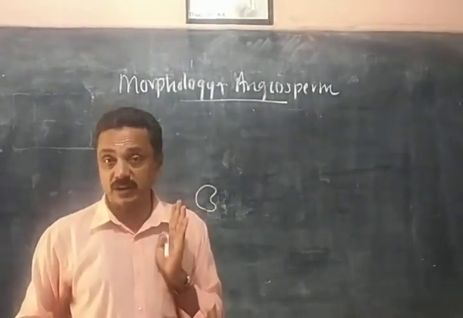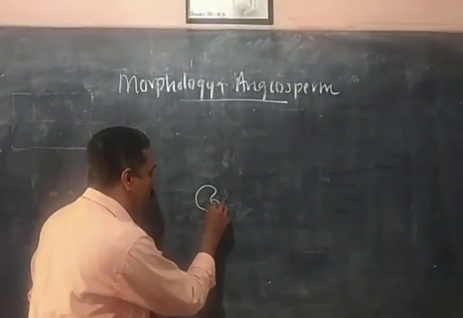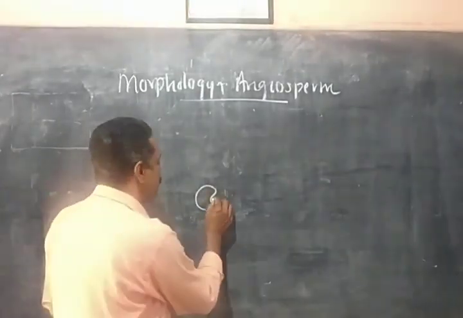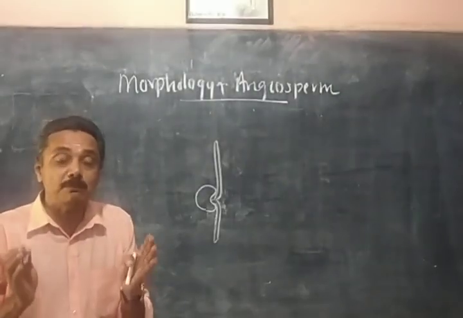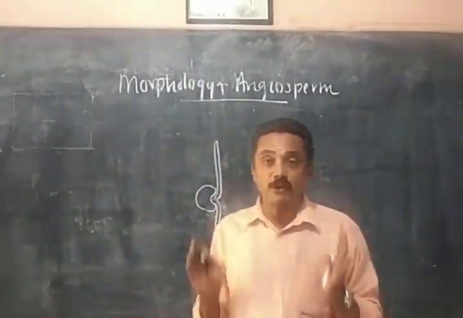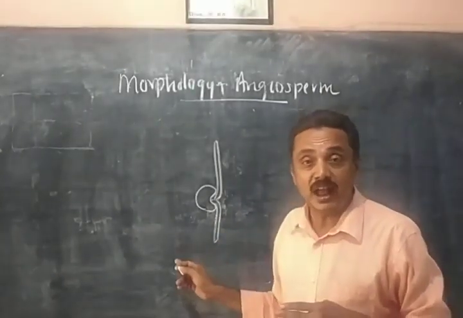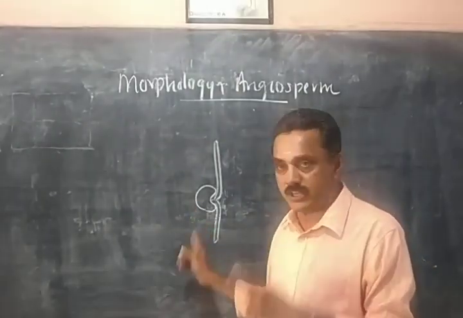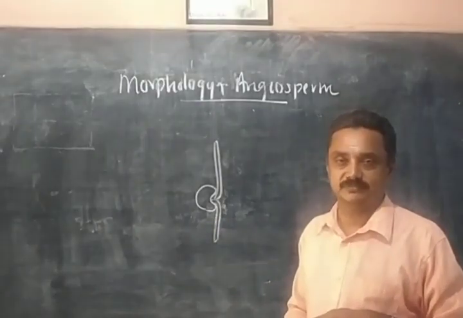And during germination, we can see that a small white tube-like structure comes towards the lower side and a small tube-like structure comes towards the upper side. This is the starting point of the life of a plant. A plant starts its life from these kinds of structures. This is the beginning of the life of a plant. A chapter starts with this and the chapter ends also by the same structure.